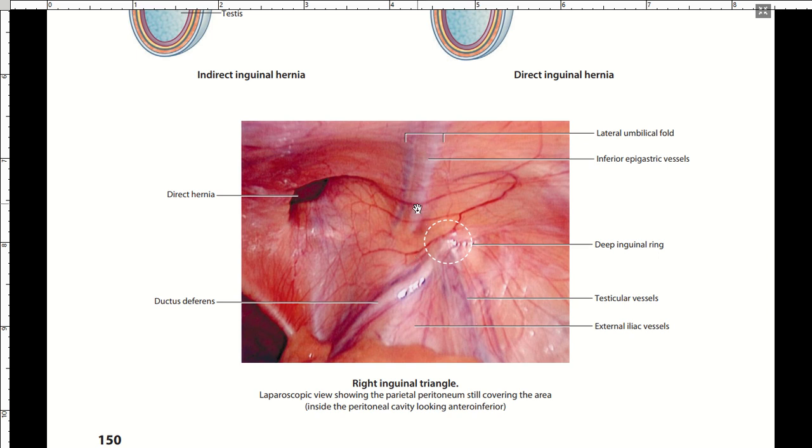Lateral to the umbilical fold we have the deep inguinal ring, where we are going to find the indirect inguinal hernia. Medial to the lateral umbilical fold, you're going to have the direct inguinal hernia.